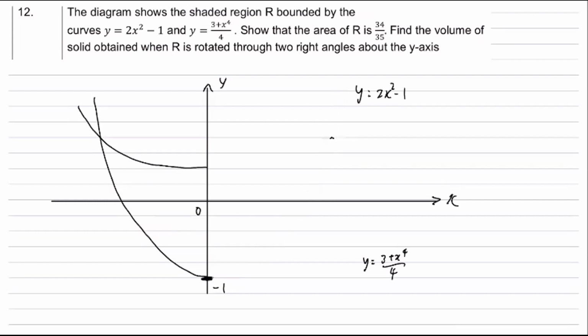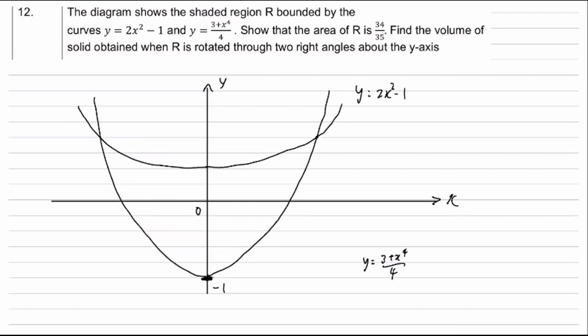Basically you can get this graph from using the GC. Let me try and make this a bit more accurate so it looks nicer. Okay, and then I need to cut here.